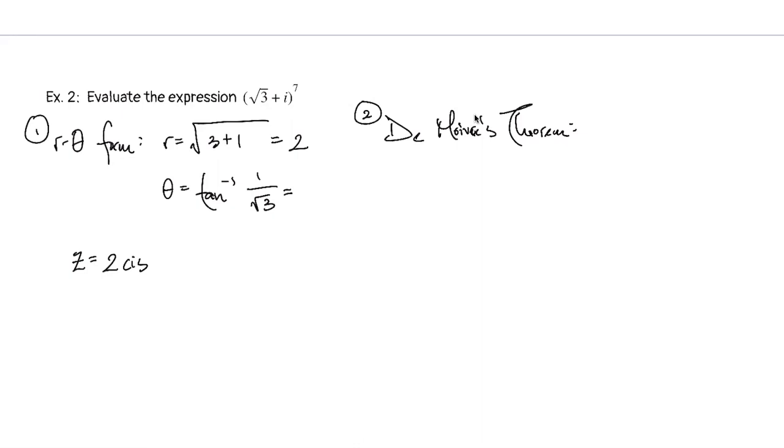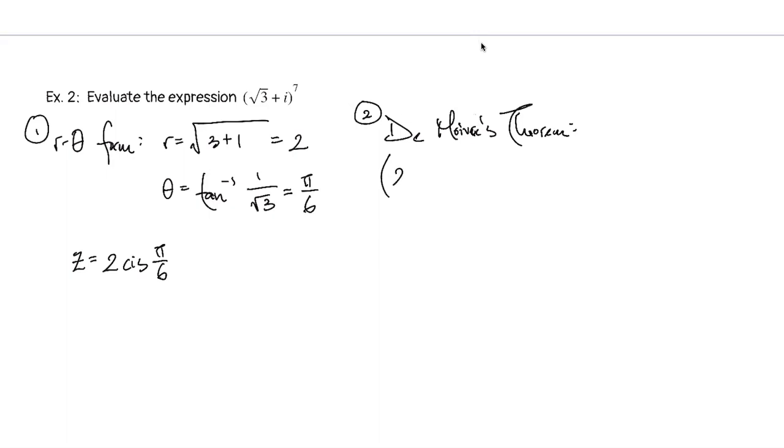Pi over 6? Anybody confirm or deny that? I got pi over 6 too. It was equal to like 30 degrees, pi over 6. Okay, so that is our angle. And so now we have it in the r theta form. And now we're ready to use de Moivre's theorem.